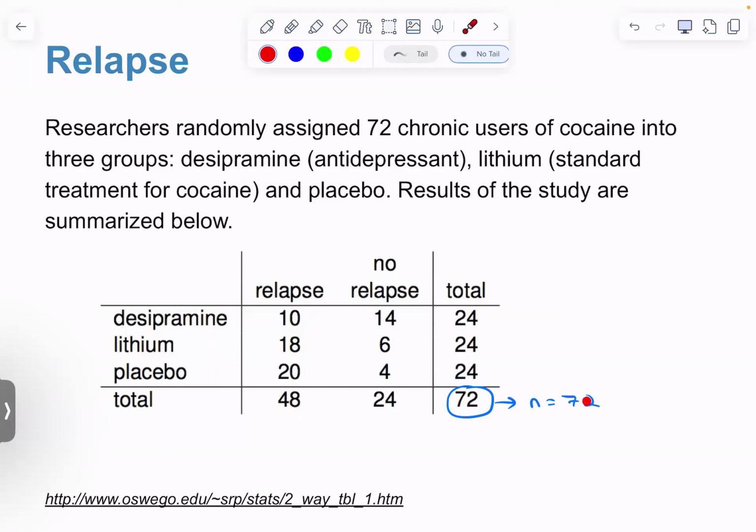We can call that the probability of someone relapsing. If we have a random assignment of treatments and randomly selected our cocaine users, the probability of relapse is going to be 48 out of 72.